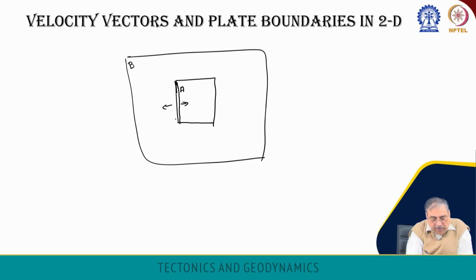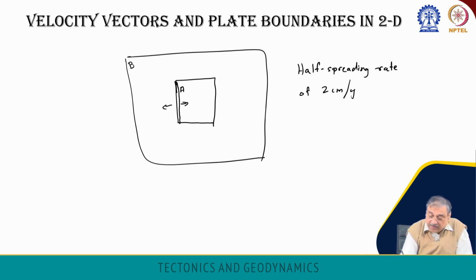So, this particular boundary, the western boundary between plates A and B, we will treat as a mid-oceanic ridge. This mid-oceanic ridge, let us say, has a half spreading rate of 2 centimeters per year. Okay. It has a half spreading rate of 2 centimeters per year.